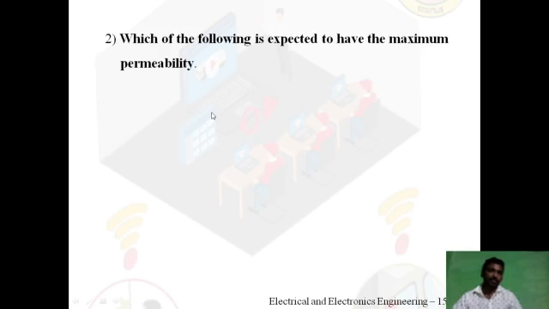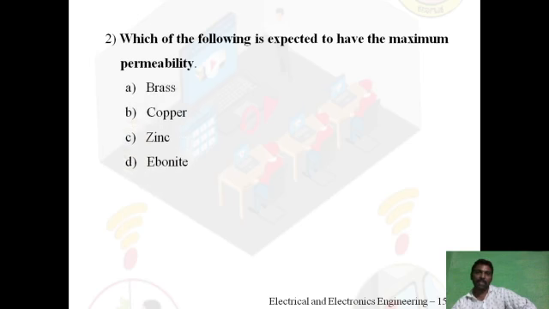The second question: which of the following is expected to have a maximum permeability? The permeability, as we have seen, mu is equal to mu naught mu r. Mu naught is a constant, which is called the absolute permeability. Mu r is the relative permeability whose value depends on the magnetic material used. He has given some materials. We have to see the values of these materials.